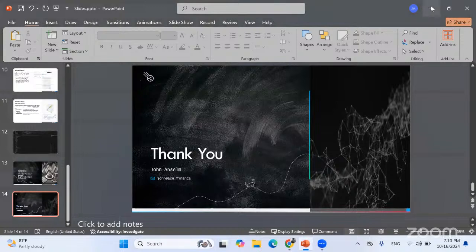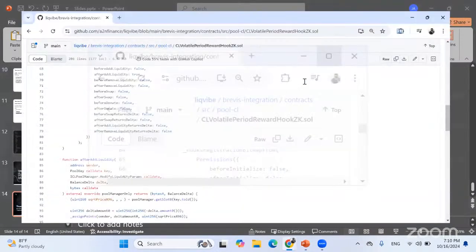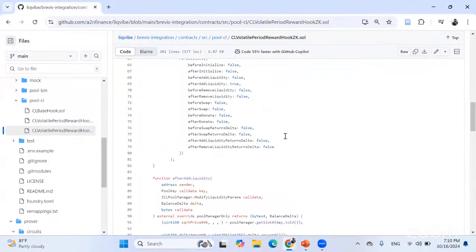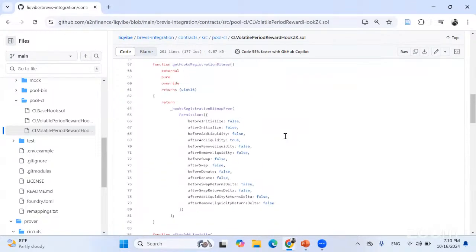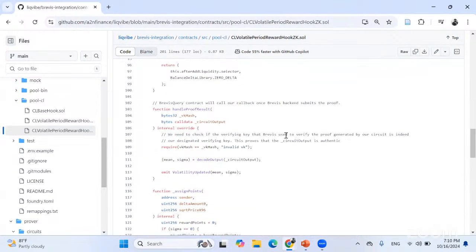Can you please show the code where you have implemented the hook? Yes, we will later. Can you see?